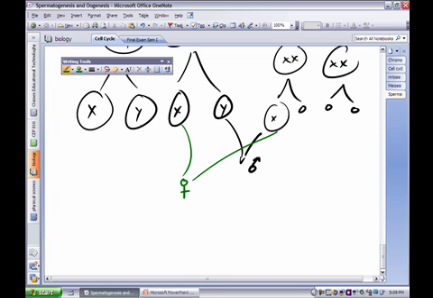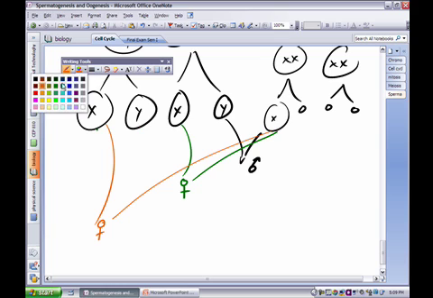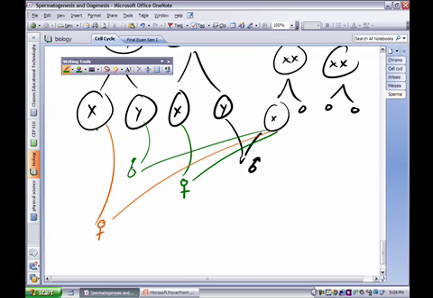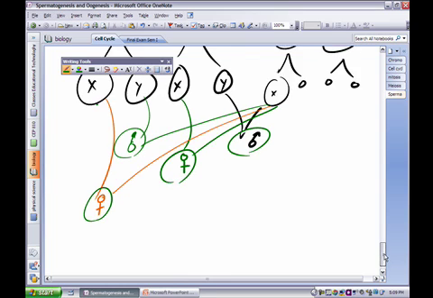The same thing would be true if we did this one like this. We would again get a girl, and then this one, of course, we would get a boy. That's the idea and the process that works. Also notice 50% chance of getting a female, 50% chance of getting a male.